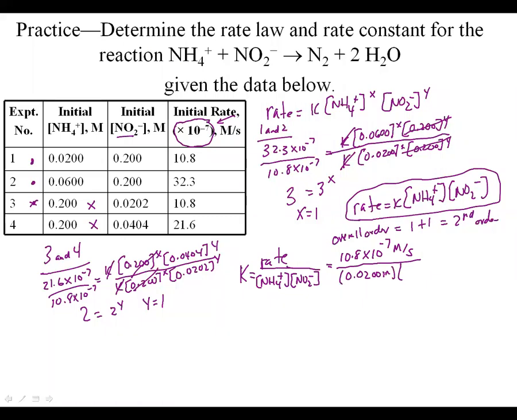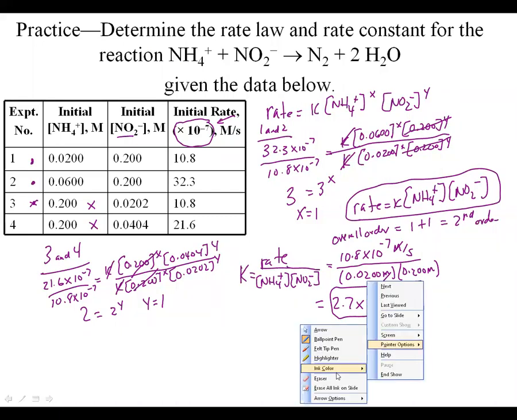Molarity and molarity going to cancel, and we will end up with 2.7 to the minus 4. And again, the units here are going to be 1 over molar seconds. Any questions on that calculation, where any numbers came from?